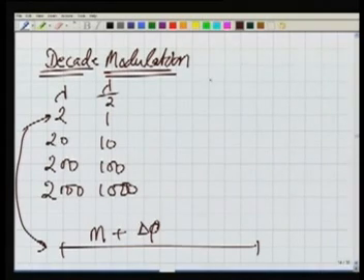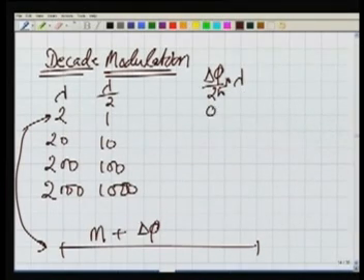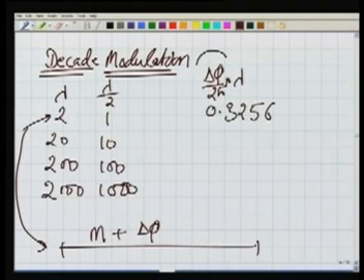Let us say this particular thing, phi by 2 pi into lambda, gives a value of 0.3256. Now, we do not know anything else. We can only get this particular value. Where is this value coming from? This value is coming from the phase measurement. We do not know anything about the integer part here.